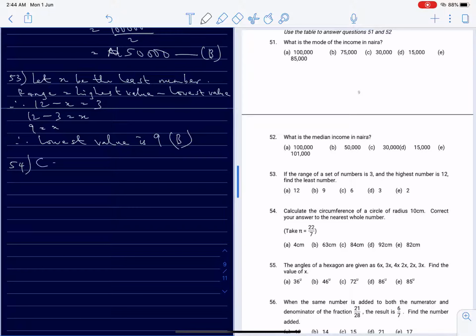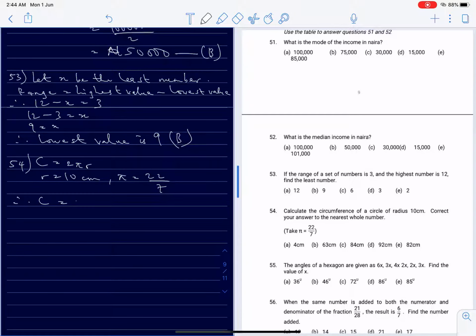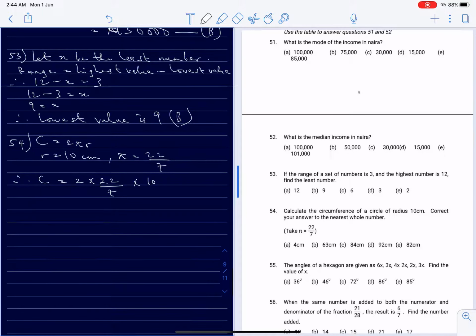The circumference of a circle is given by 2 pi r. Radius is 10 centimeters and pi is 22 over 7. Therefore, circumference will be 2 times 22 over 7 times 10.